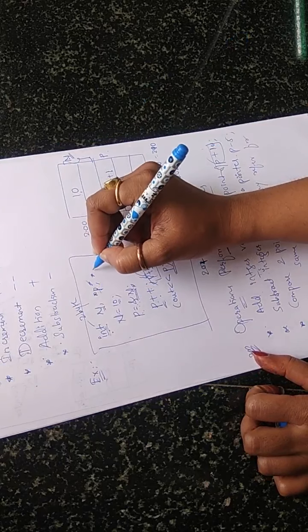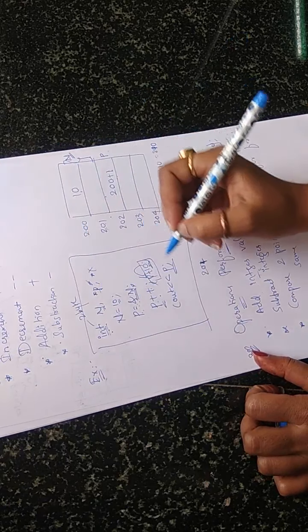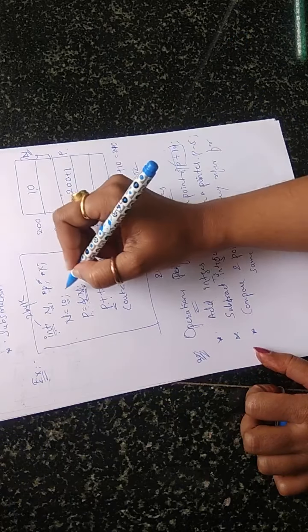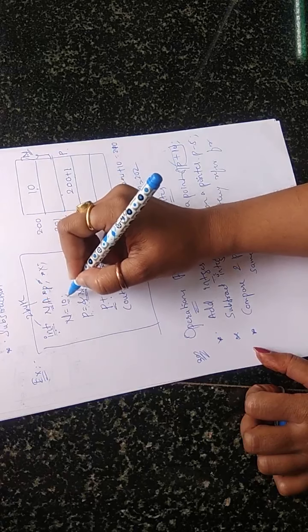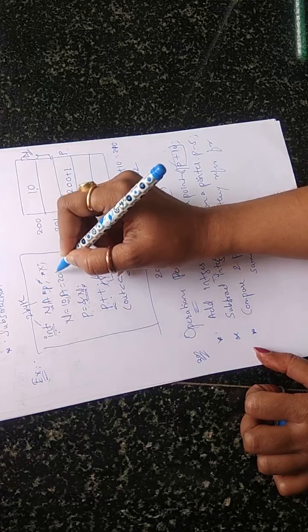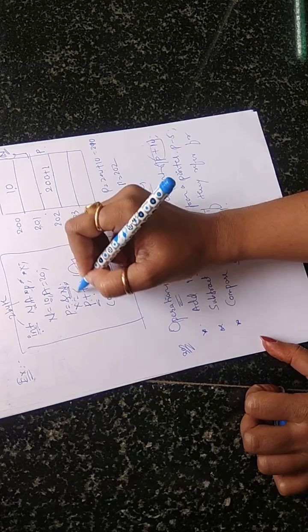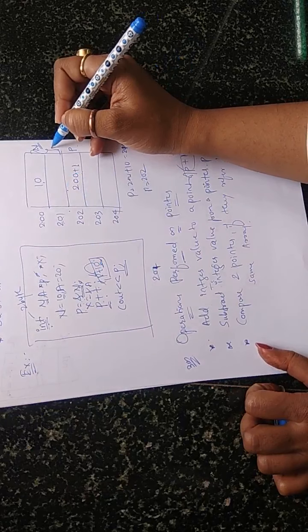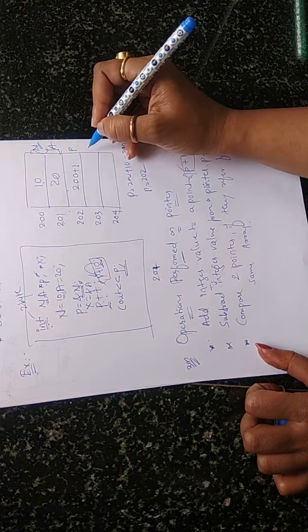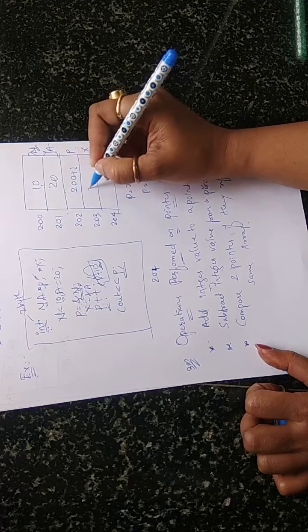If I take one more as star x, and one more variable a is equal to 20, and I say x is equal to ampersand of a. Done. So here it is a, 20 is there. This is x where 201 is there.